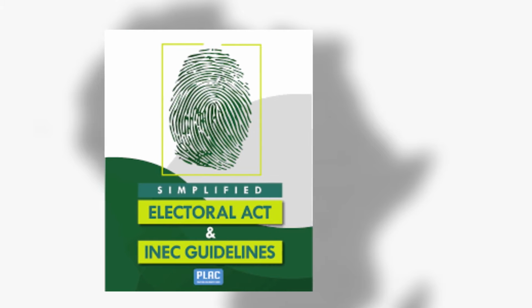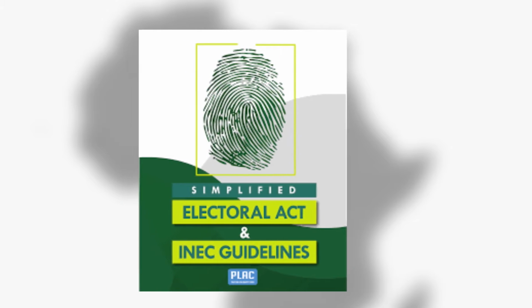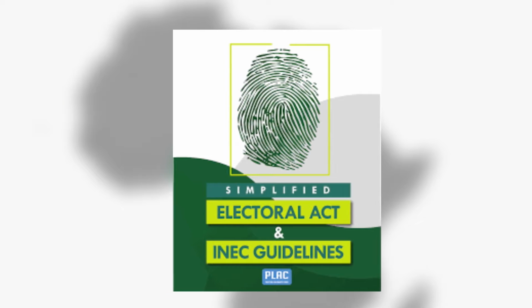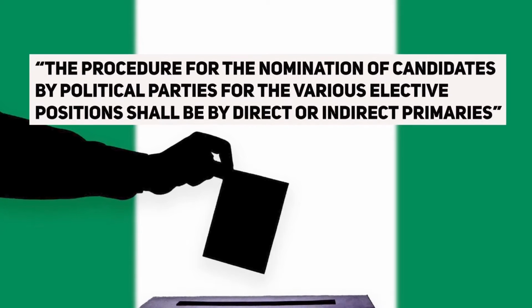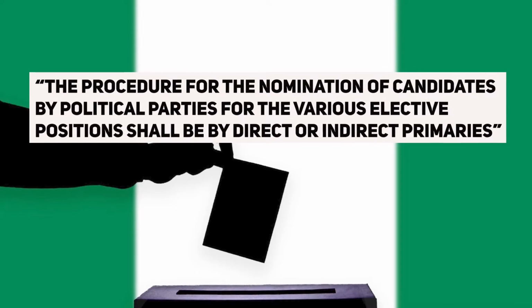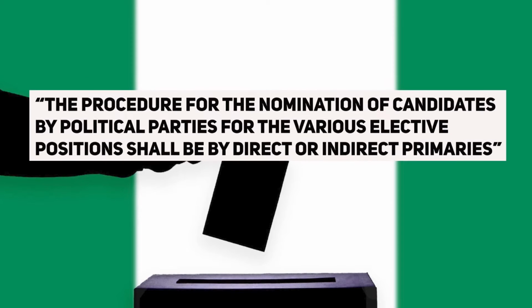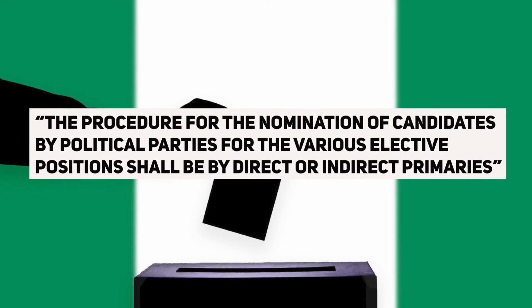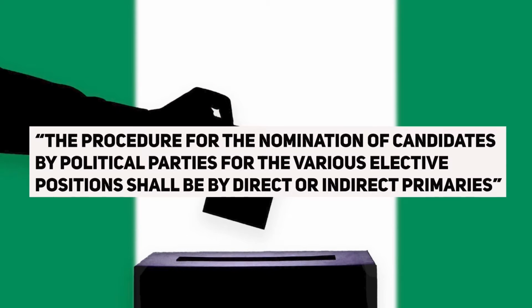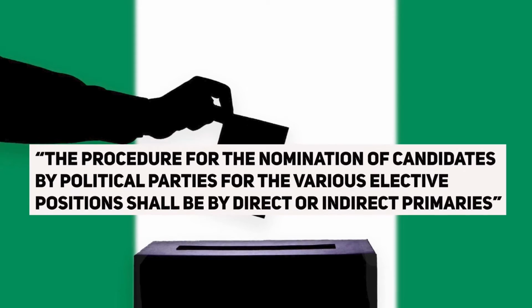Electoral Act 2010, Section 87, subsection 2 says, quote, "The procedure for the nomination of candidates by political parties for the various elective positions shall be by direct or indirect primaries," end of quote.